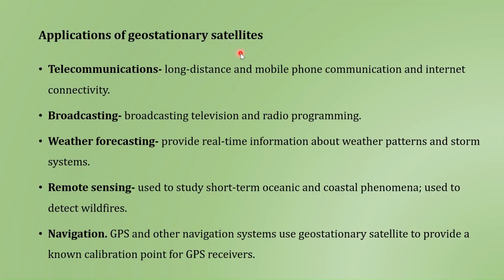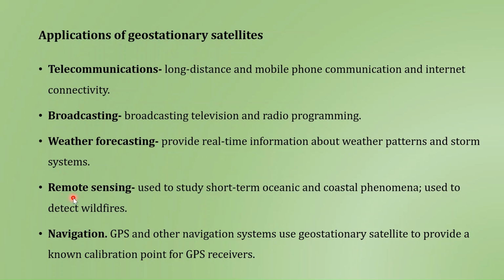These geostationary satellites can be utilized in telecommunication for long distance and mobile phone communication or internet connectivity. They can be used for broadcasting, television and radio programming, and weather forecasting. They provide real-time information about weather patterns and storm systems, because these satellites are stationary with respect to a particular position on the Earth.